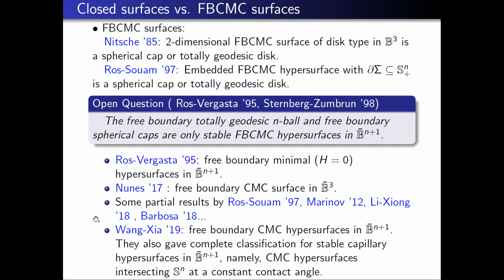And there are some partial results by Ros, Souam, Main, Li, Xiong, and Barbosa. And very recently, Wang and Xia proved the case of any dimension. And more generally, they also gave a complete classification of stable capillary hypersurfaces in a ball. Here, a capillary hypersurface means the hypersurface is a CMC hypersurface and its boundary intersects the unit sphere at a constant angle.